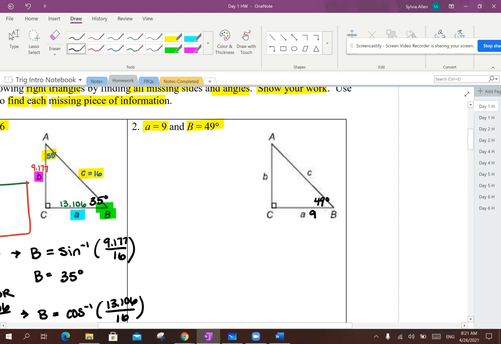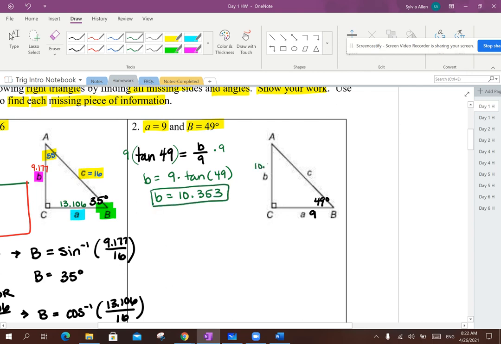So let's go ahead and use tangent of 49 degrees is equal to opposite over adjacent, which means I'm going to end up multiplying by 9 to both sides. So B is equal to 9 times tangent of 49 degrees. So you put that in your calculator, go to 3 decimal places, and that's what we get here. So I'm just going to label it as I go. All right, so that's one trig function.